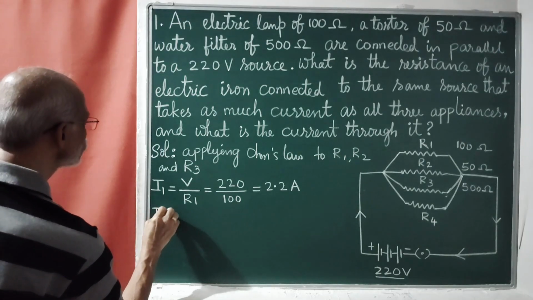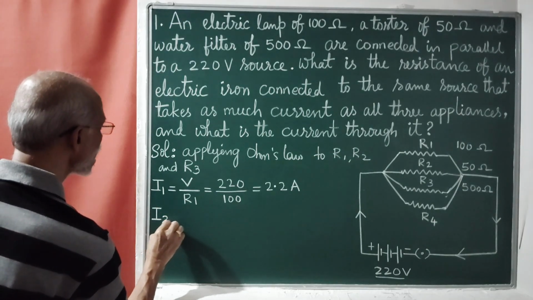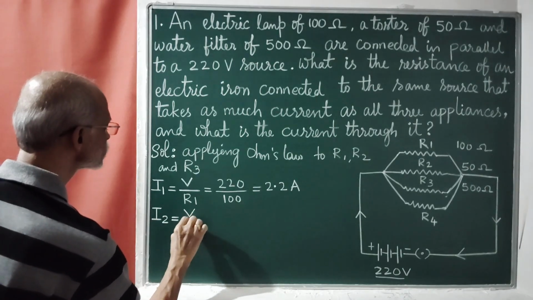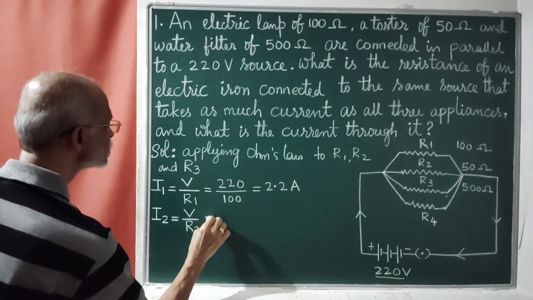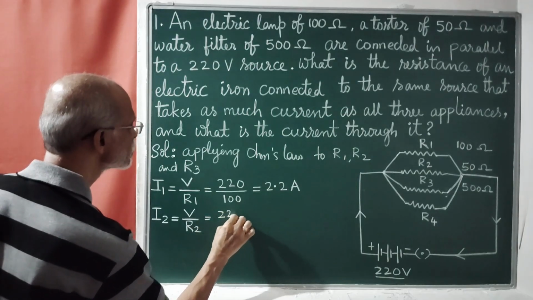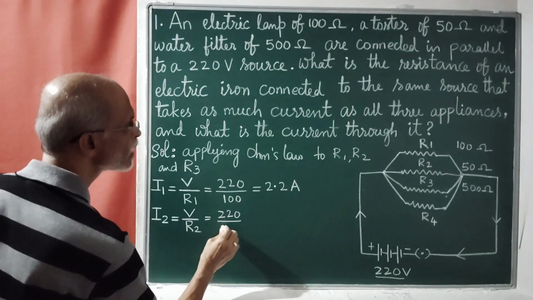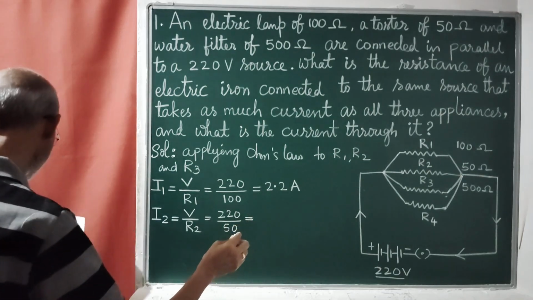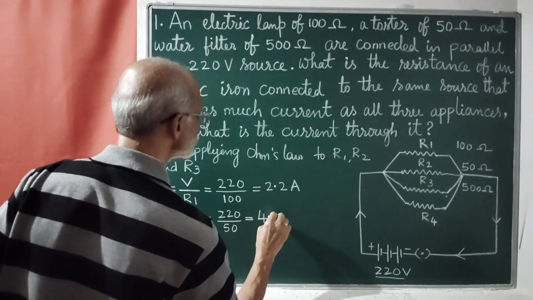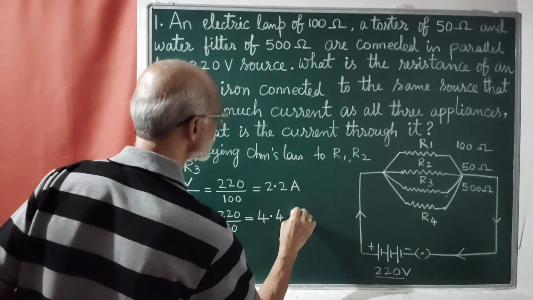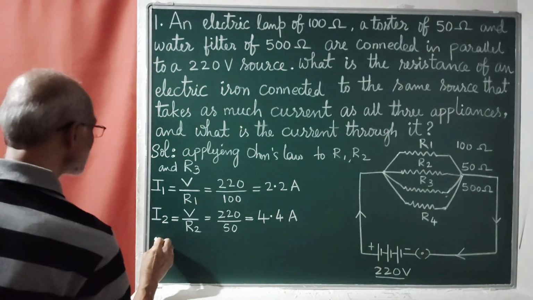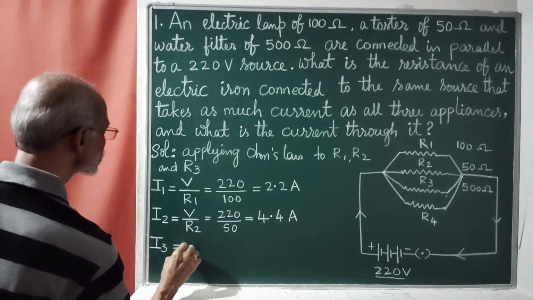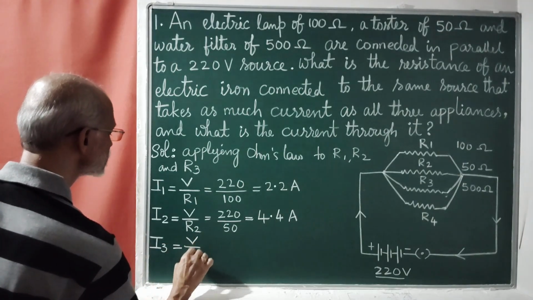The current flowing through R2 is I2, that is V by R2. It's equal to 220 by 50. So that's equal to 4.4 amps. Then I3 is the current flowing through R3. I3 is equal to V by R3.